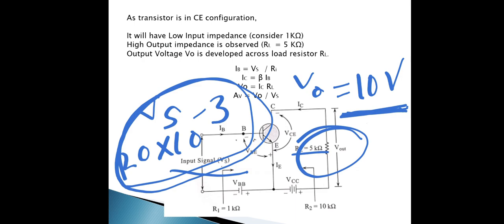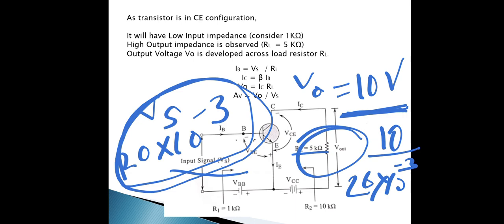That is, the output signal has increased up to 500 times. So if you calculate the gain factor, output by input, 10 divided by 20 into 10 power minus 3, you will get a value of 500.